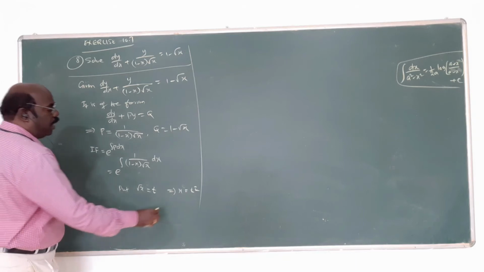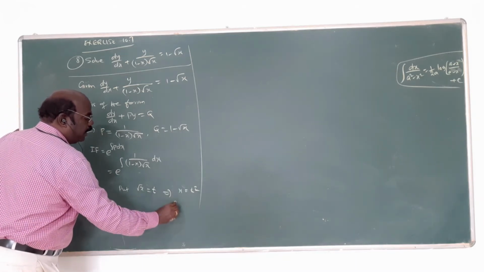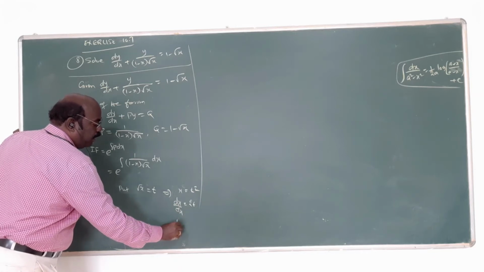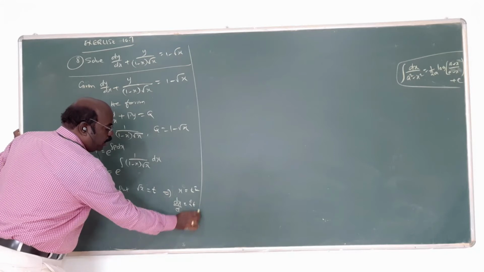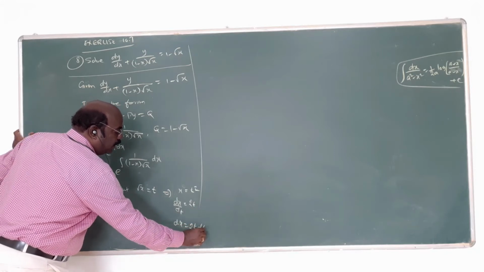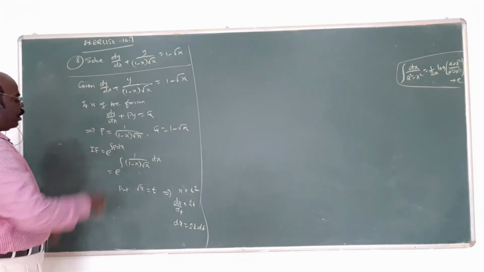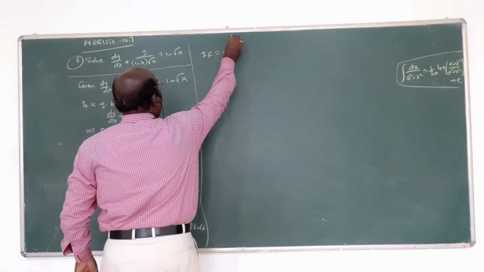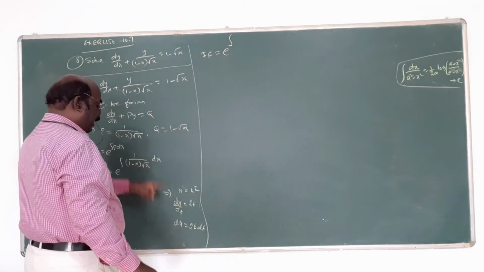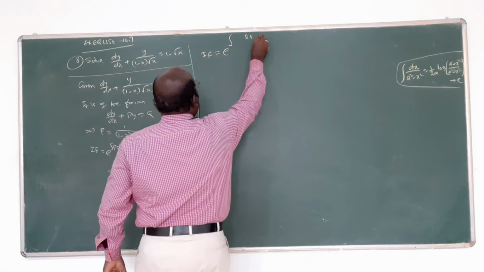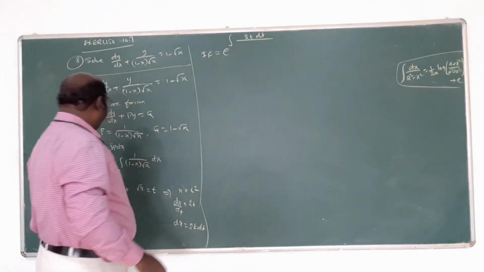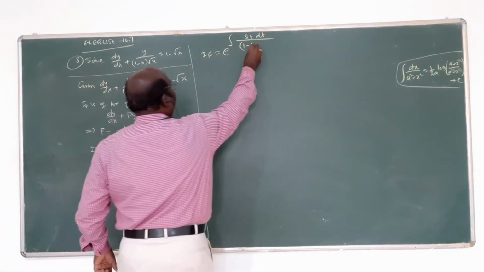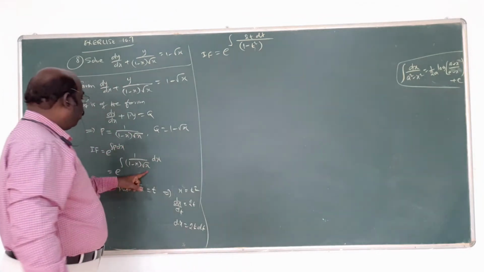Now the differential of this is dx equals 2t dt, so dx by dt is 2t. Am I right? Now substitute that. E power integral of 2t dt, divided by 1 minus x, where x is t square, into root x, which is t.